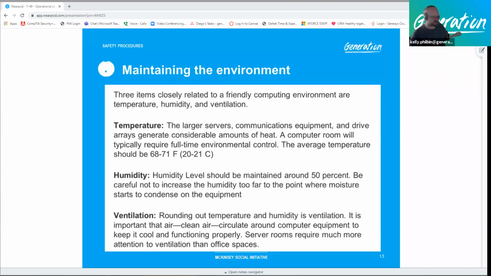Basically, it's a pretty basic concept in server rooms. When computers or servers are drawing in air, they're typically drawing it in from the front and pushing it out the back. The cold air comes in the front, hot air goes out the back.